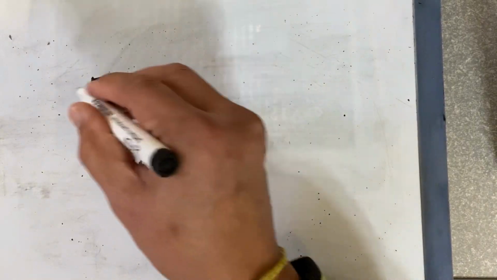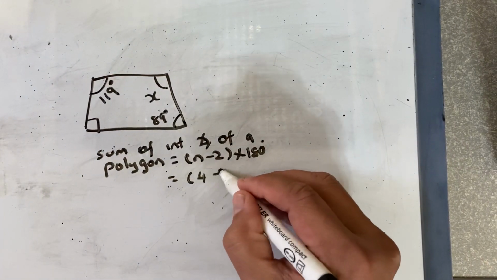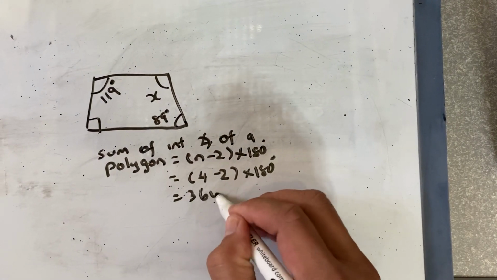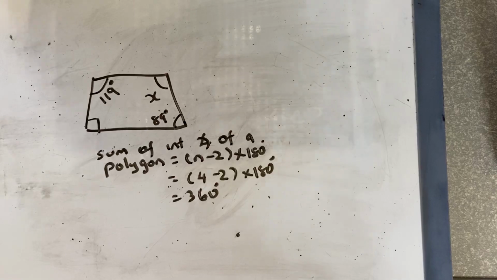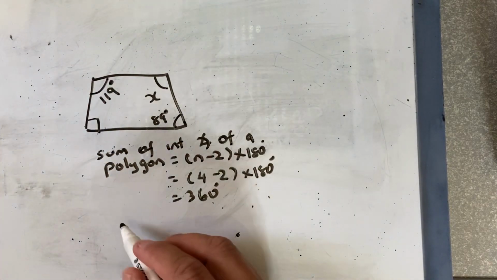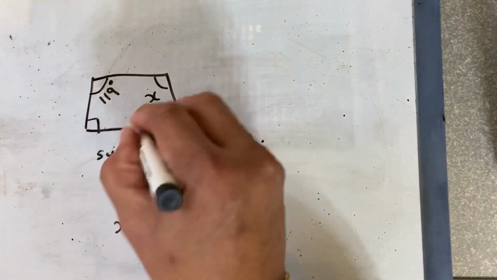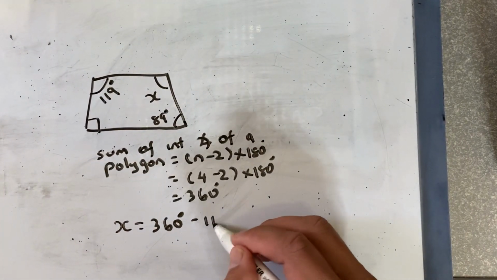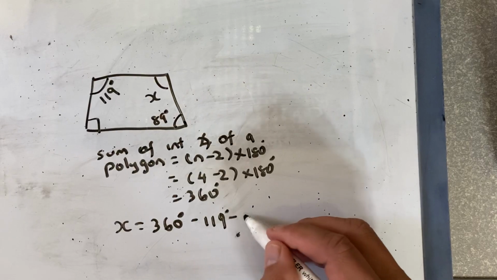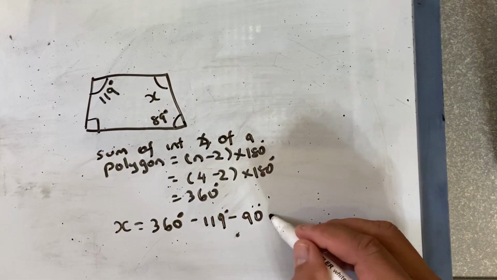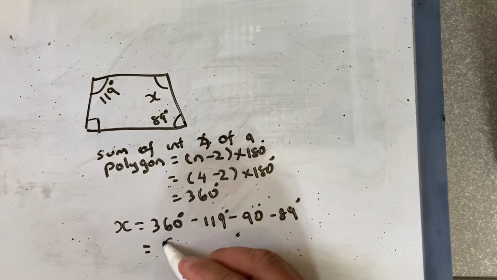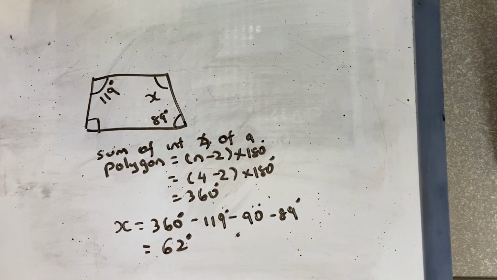There are 4 sides, so it becomes 4 minus 2 times 180, and the total is 360. To find the unknown x, if the total is 360, then 360 minus 119 minus 90 minus 89, and the answer is going to be 62 degrees. That is how you solve a polygon question.